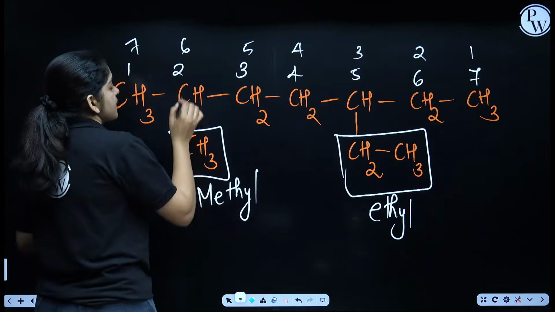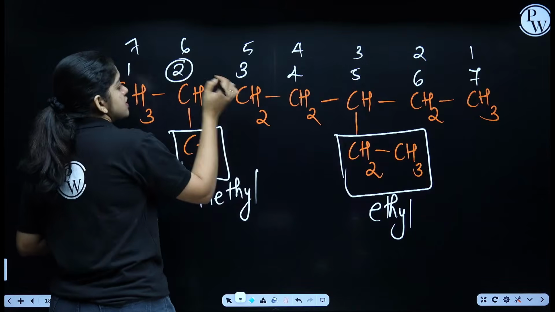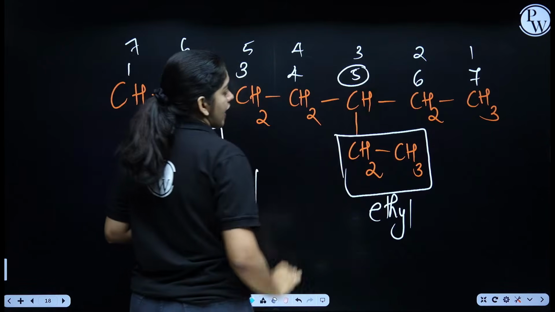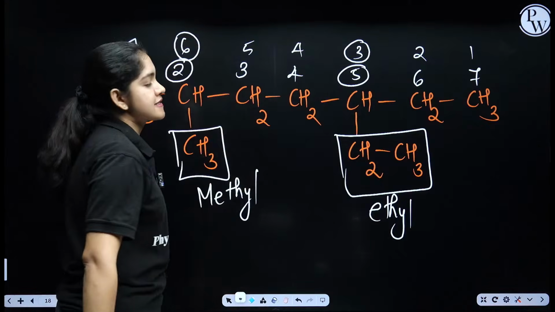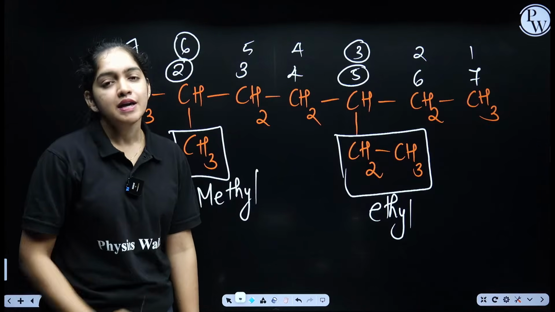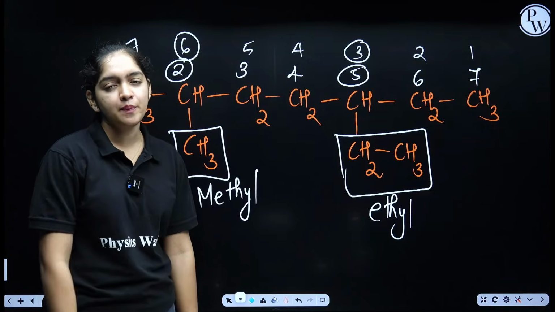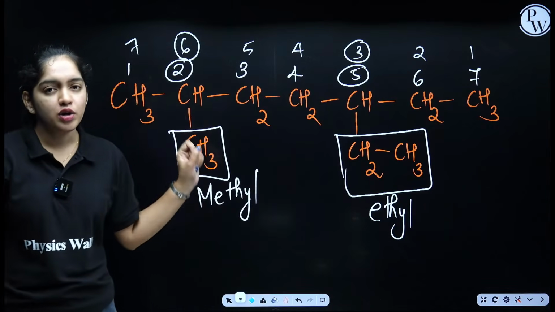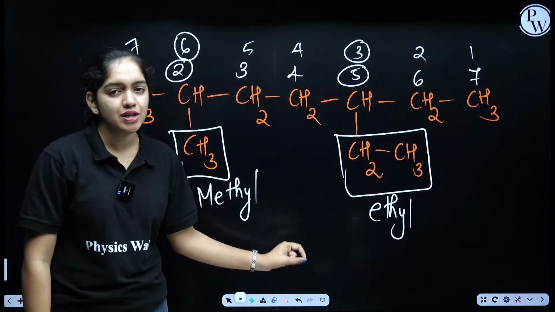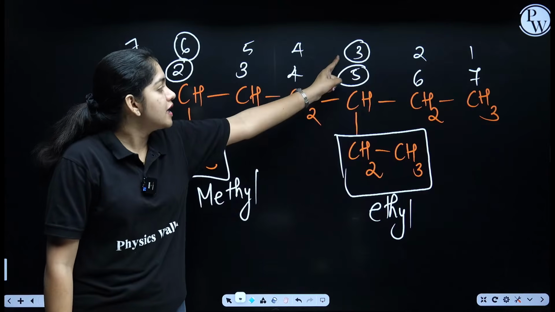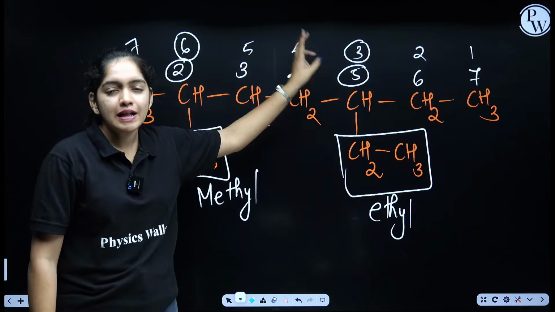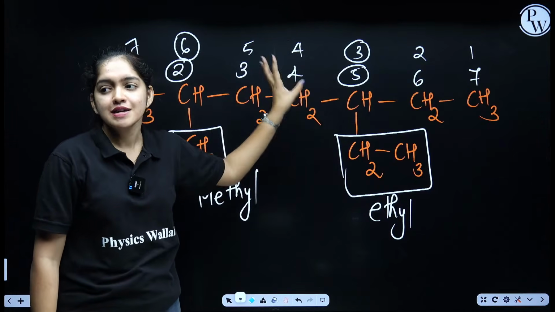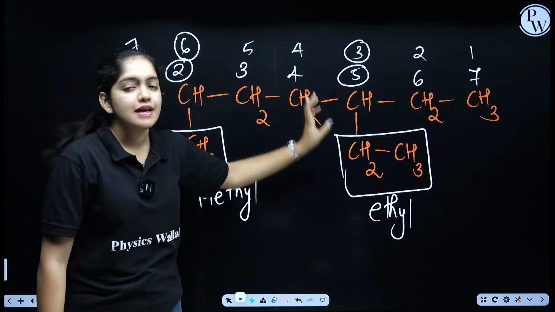Now, check the numbers. One is 2, 5 and the other is 3, 6. So which should we take here, 3, 6 or 2, 5 while numbering? The thing is that according to the alphabetical order, the branch should get the lowest number. So third position and fifth position. E is coming first. So 3 and 5 while comparing, 3 is the least one. So the name will be what? 3-ethyl.